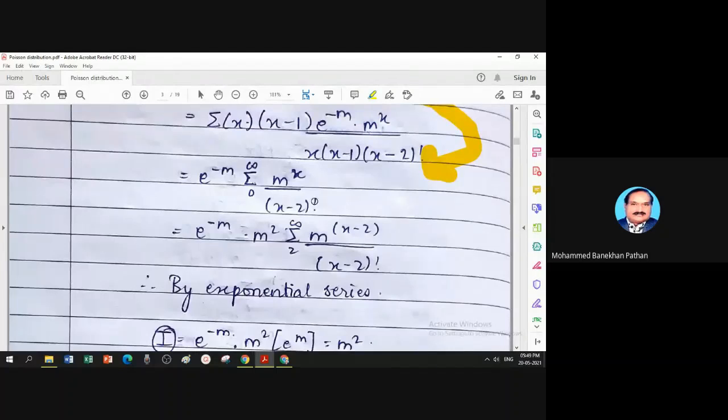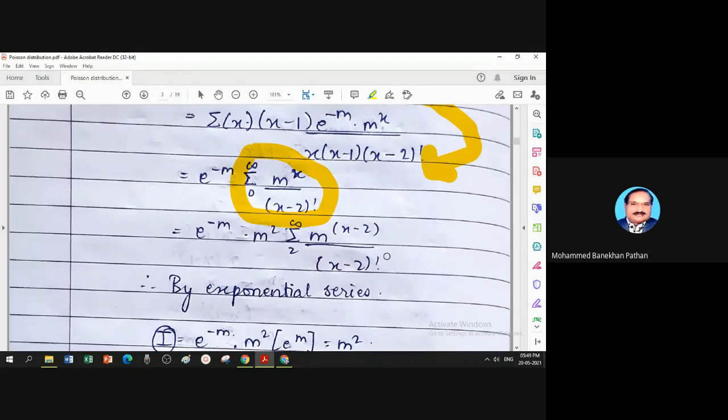Again, if you want to apply the exponential series here, the condition is that the power of the numerator should match the factorial in the denominator, which is not happening here. So I will adjust the power of the numerator. I did it like this: m raised to x minus 2, and the minus 2 cancels with the outside m raised to 2.